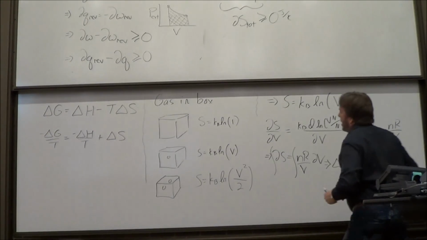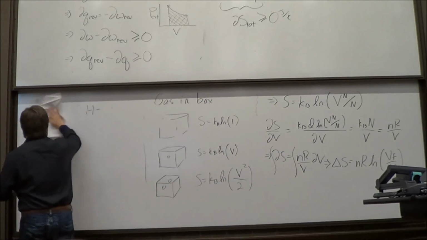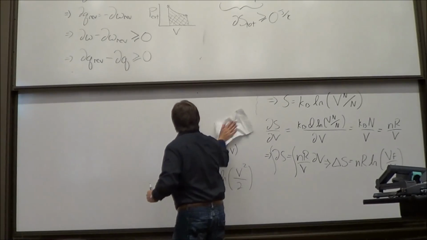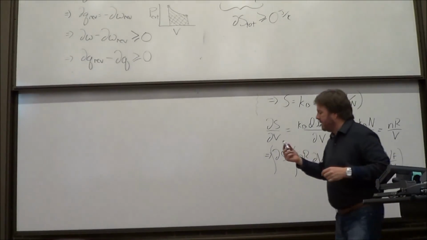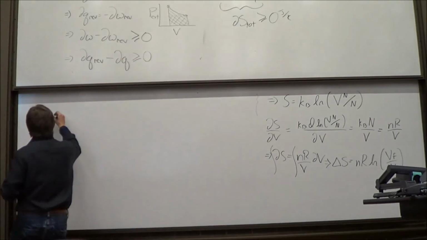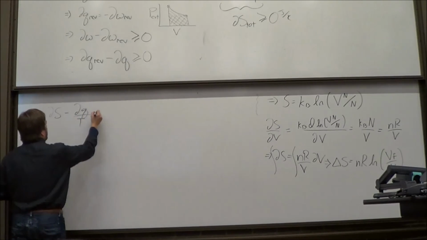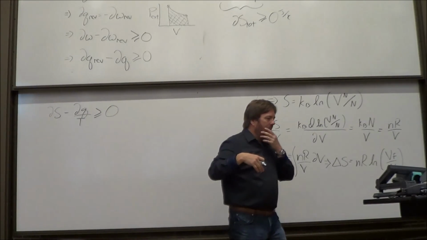Because this is a little complicated, and this is a derivation you have to do on your homework. So this is a simple version of the one that you're going to do on your homework, which is a little bit harder. I'm going to start back a step and do the change in S minus change in heat over temperature is greater than or equal to 0. Let me not put the units down for a second.